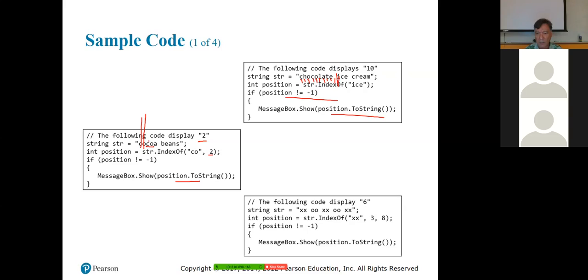And this is going to display 6 because it's looking for the first occurrence of XX after the third index. So 0, 1, 2, 3, 4, 5, 6.